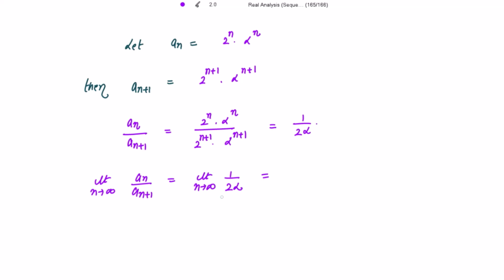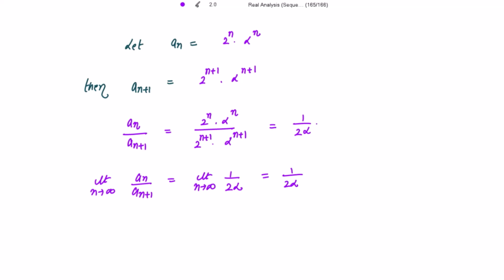Taking the ratio an divided by an plus 1, that is equal to 2 to the power n into alpha to the power n divided by 2 to the power n plus 1 into alpha to the power n plus 1. So this becomes 1 divided by 2 alpha. Taking the limit n tends to infinity of an divided by an plus 1, there is no n, so it is 1 divided by 2 alpha only. Now to check whether it is greater than 1 or less than 1.